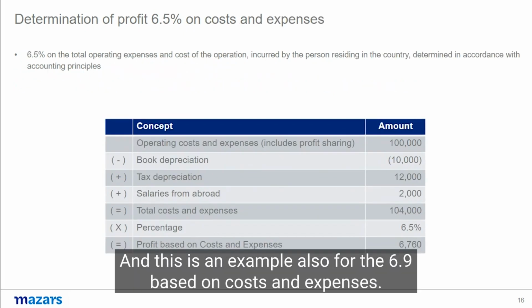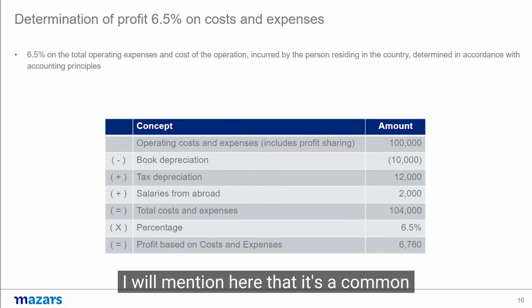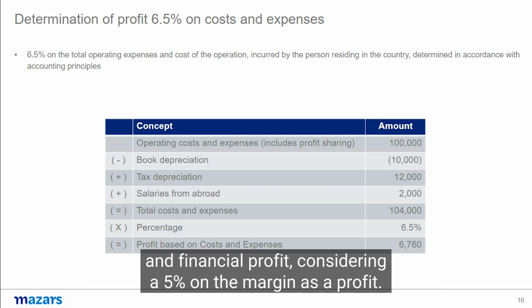And this is an example also for the 6.5% based on costs and expenses. I will mention here that it's a common practice in Mexican maquiladoras to estimate the financial profit based on operating costs and assets, considering a 5% margin as profit.